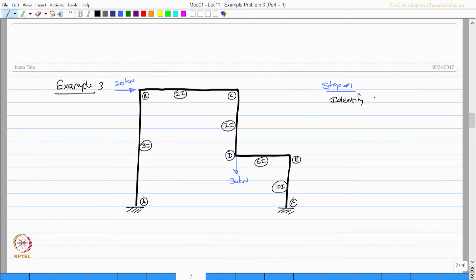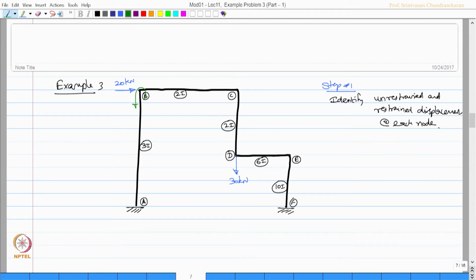The first step is to identify unrestrained and restrained displacements at each node, is it not? Let us do that. Let us mark unrestrained in green and restrained in red.